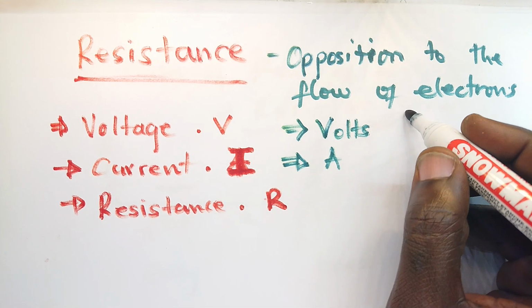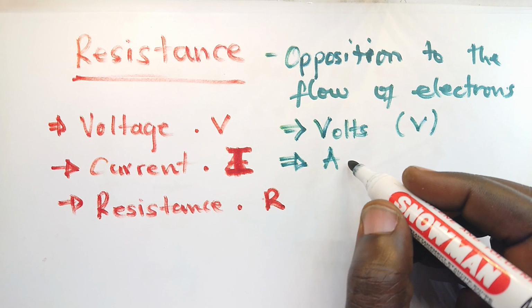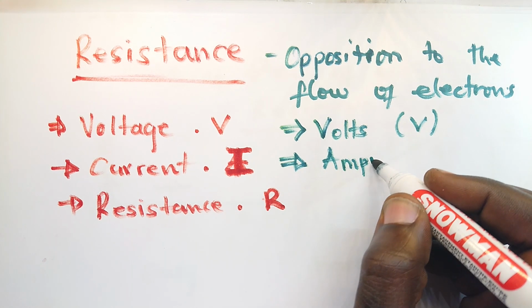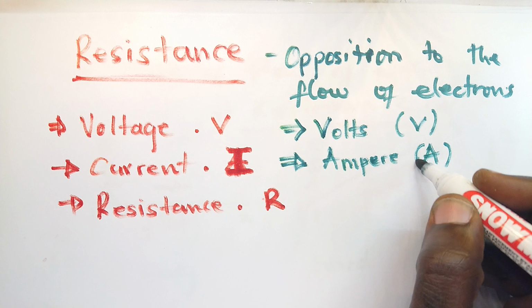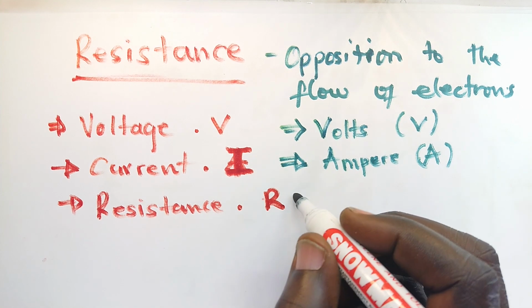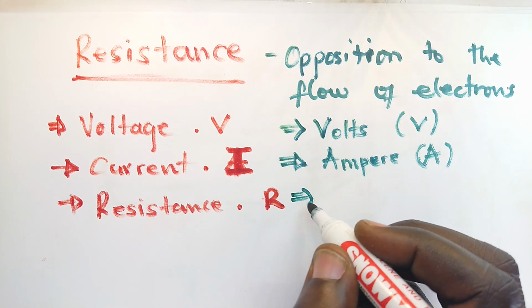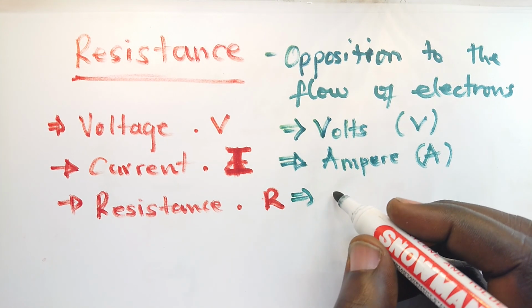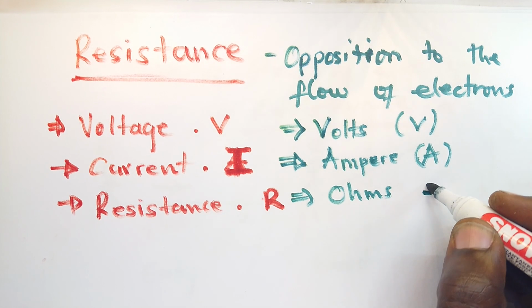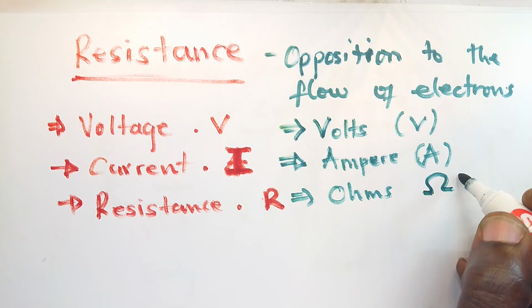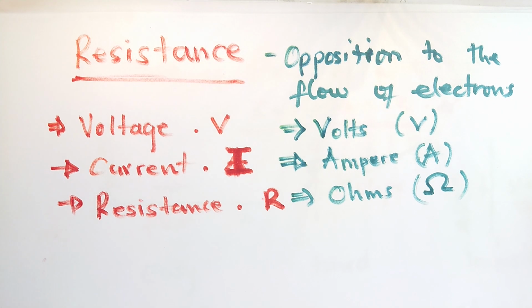Volts, which is given the symbol V, amperes, is given the symbol A, capital A. And then the unit for resistance is ohms, which is written like your headphones, but that's how they write ohms in Greek. It's actually a Greek character, I think.